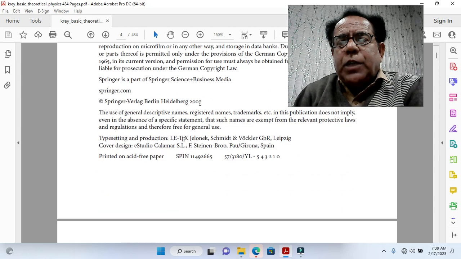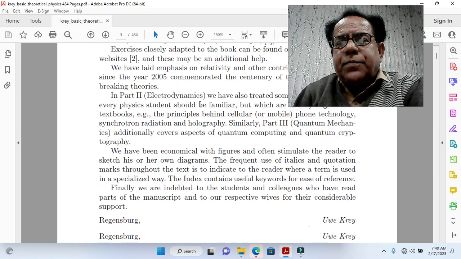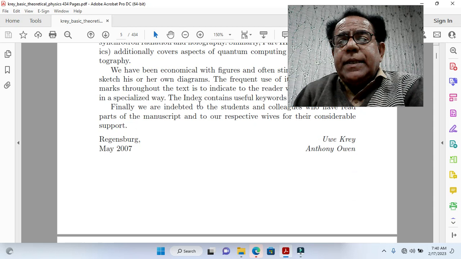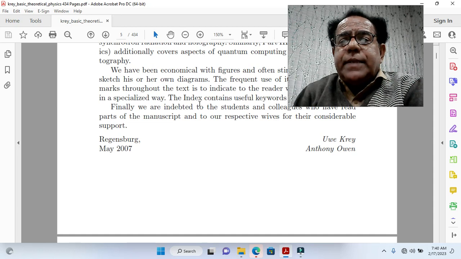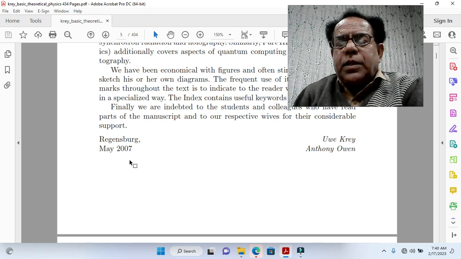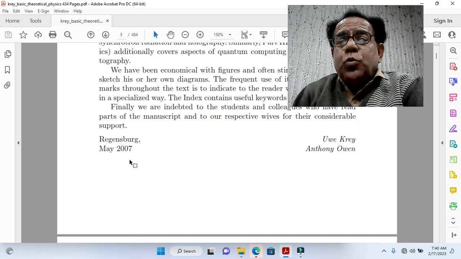Its preface was written and signed in May 2007. We say May in our local Urdu Punjabi language.